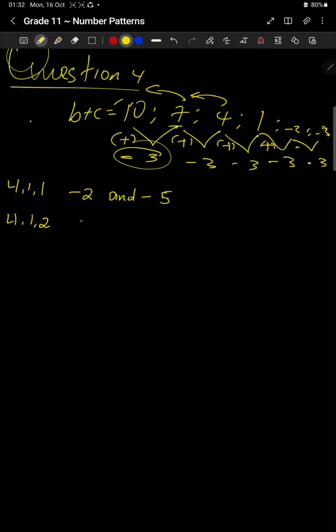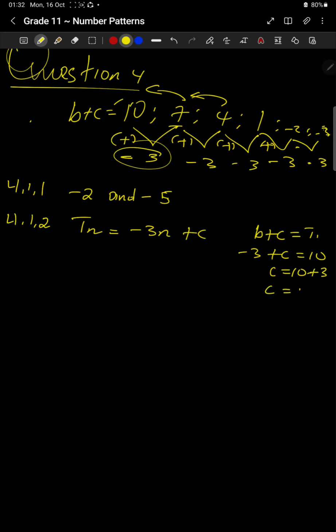So -3 plus c is equal to 10. And then c must be 10 plus 3, so c must be 13. And then we substitute 13 into the formula.